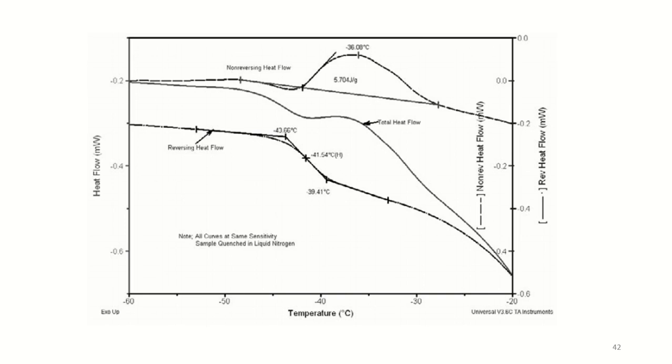This figure shows the modulated differential scanning calorimetric data obtained on the same sample as we discussed earlier, except that it was cooled at 0.5 degrees Celsius per minute as compared to the quench cooling that was used in the previous run.